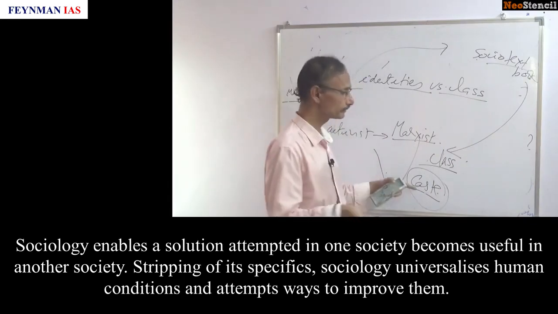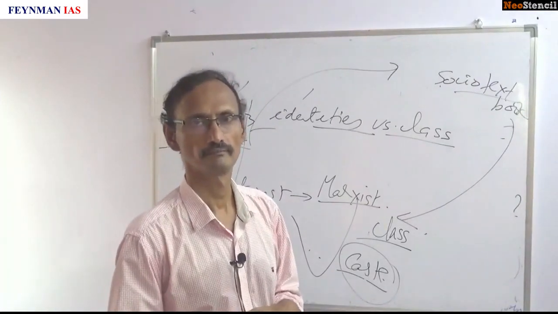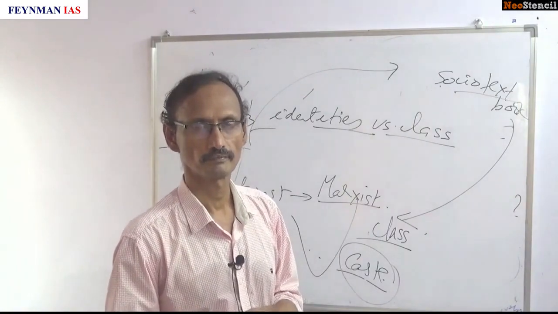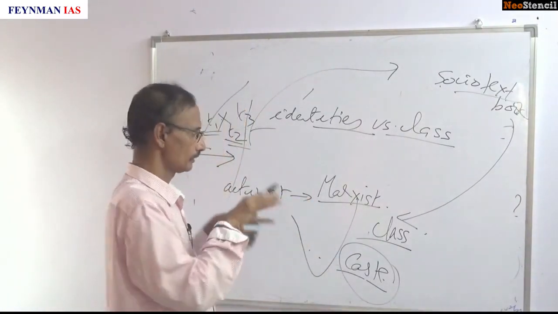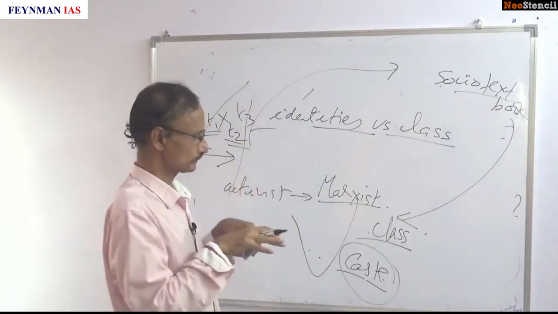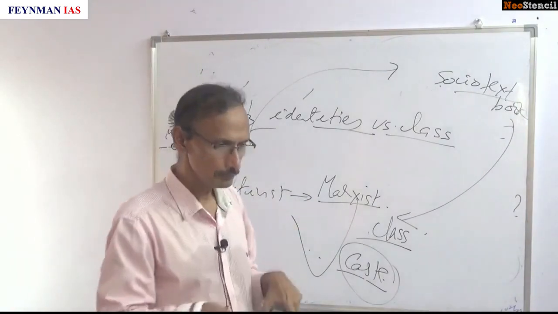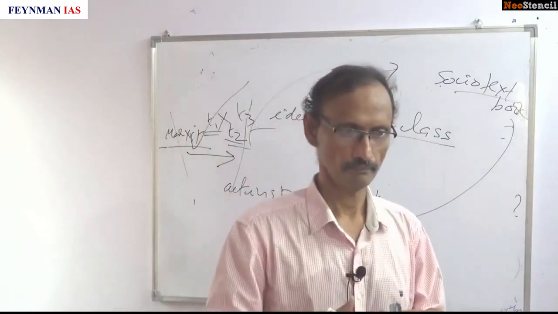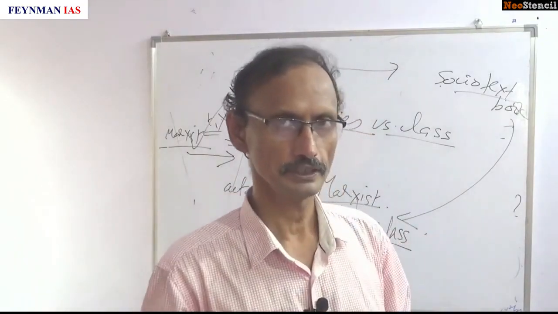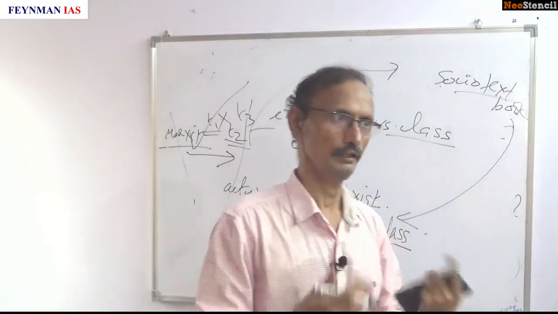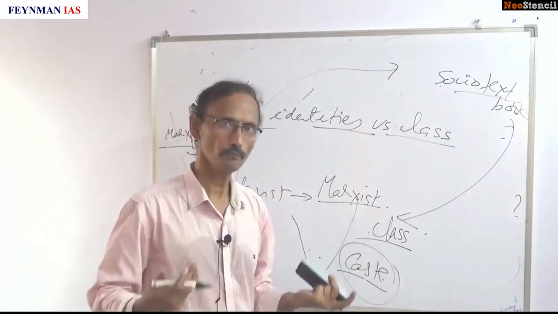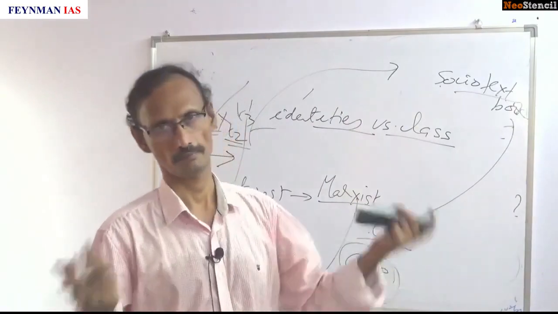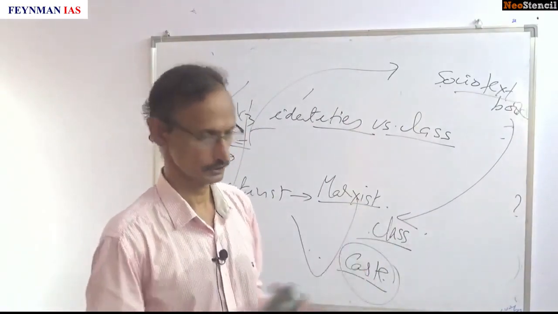Caste is nothing but an ethnic group. So developing certain common vocabulary, common perspectives, so that people apply them to their societies and try to arrive at solutions that are more appropriate to their particular problems. So this is what sociology is.